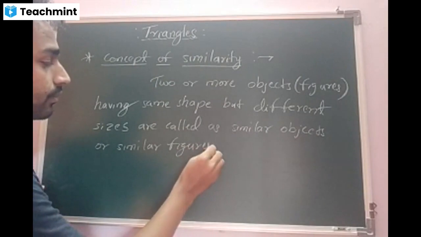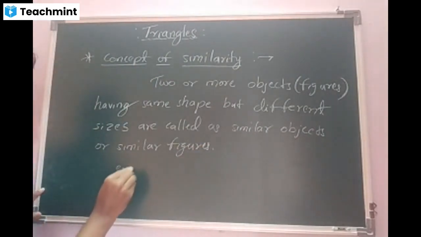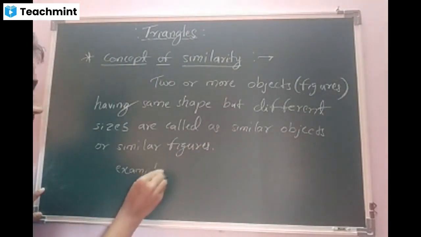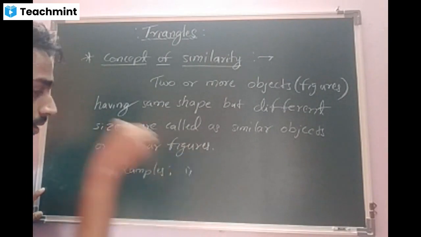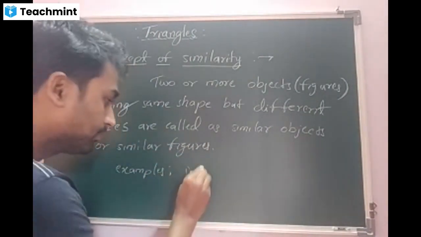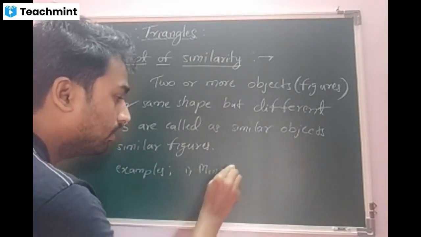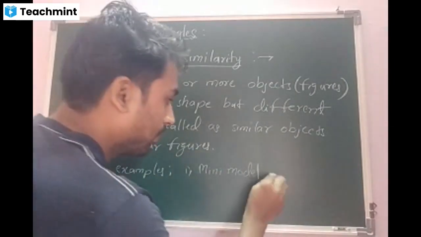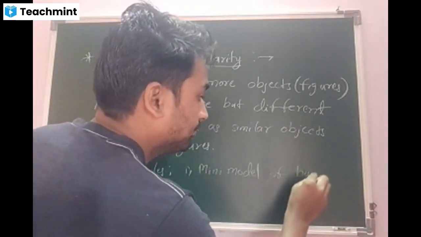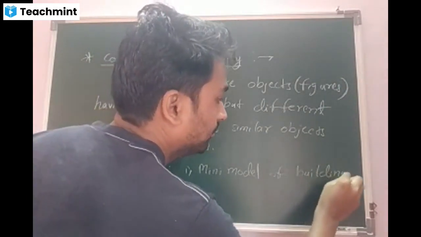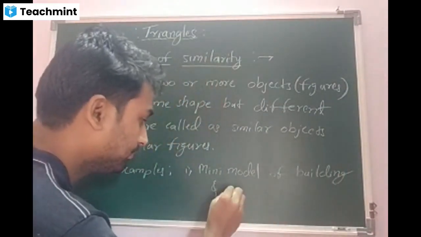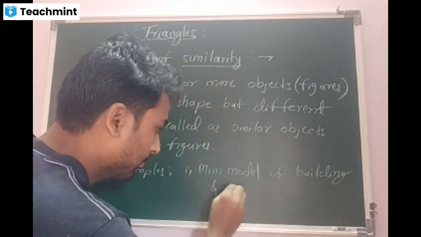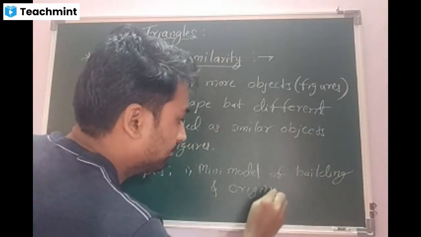Right below, examples. Some examples. Number 1, mini model of a building and original building.